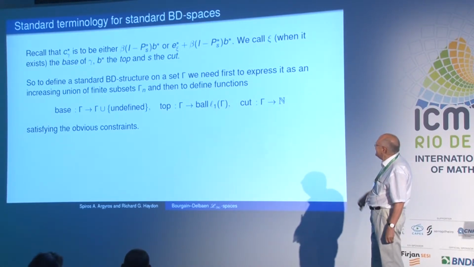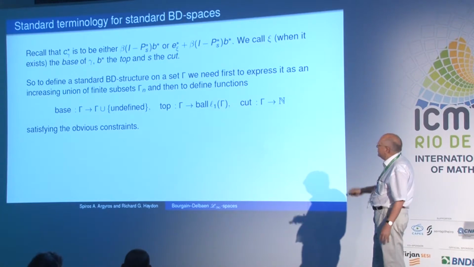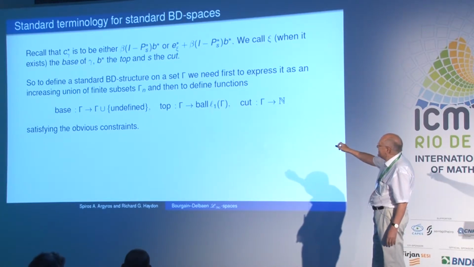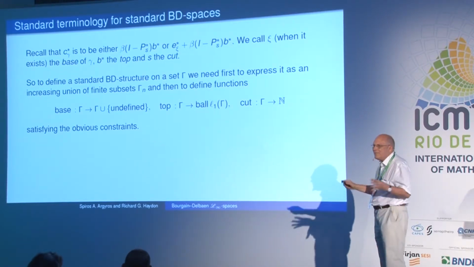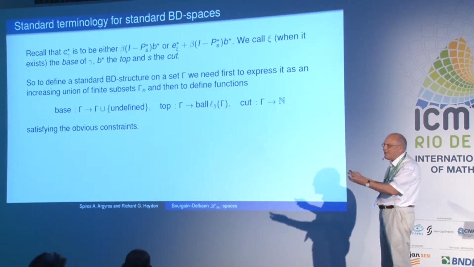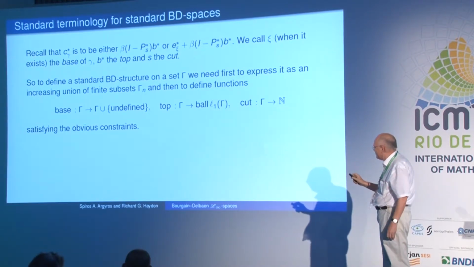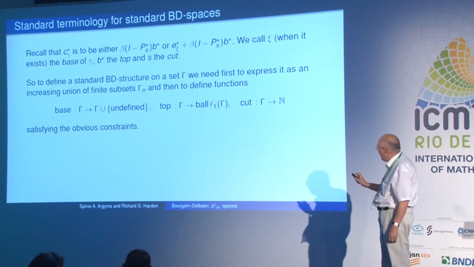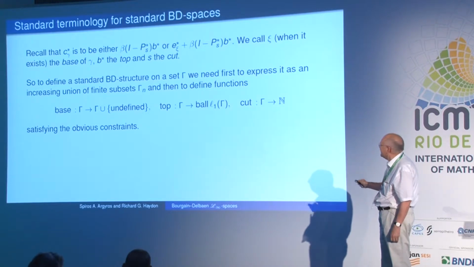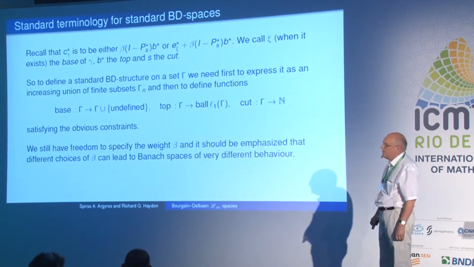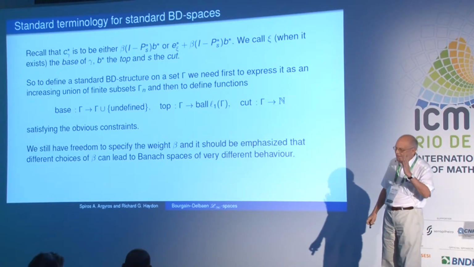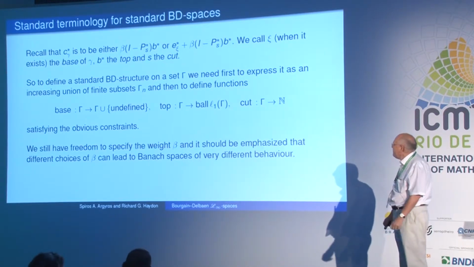Right, so to give a standard BD structure on a set, you first of all split it up into these subsets. And then you just have to define three functions. I'm trying to make it as discrete a kind of construction as possible. And there are some constraints that would have to be true. So you still have freedom to specify the weight beta, which has to be smaller than a half.